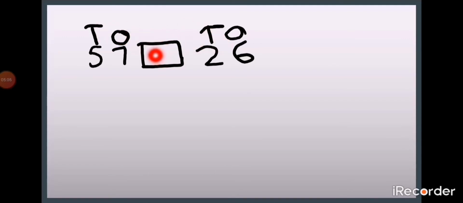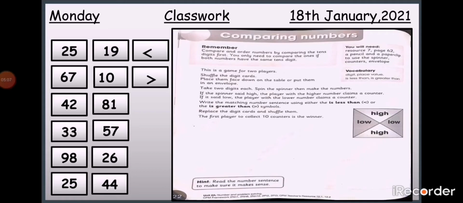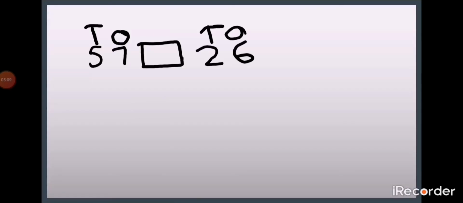Then you will find out which sign will come here, greater than or smaller than. So I know that this number has 5 tens and 7 ones, and this number has 6 ones and 2 tens. So it will be easy for me to find out whether 57 is greater than 26 or 57 is smaller than 26. So you can do it this way. I am not putting the sign here because this is your task and you will do it.